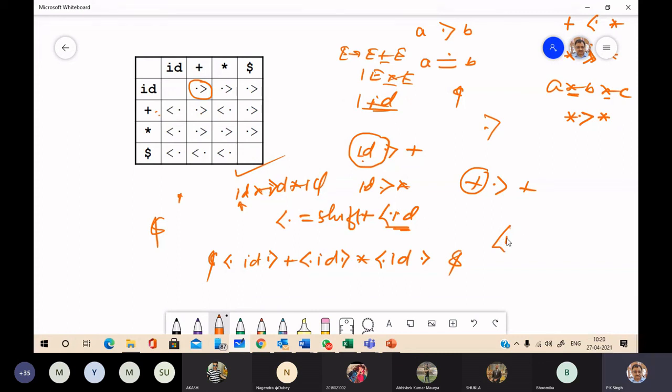We started scanning the content of the stack on the occurrence of this, so all the symbols between this and this will be the handle, matching one of the right sides of the productions, and to be replaced by its left side, meaning the action is reduce. Now the remaining we will discuss in the next one.